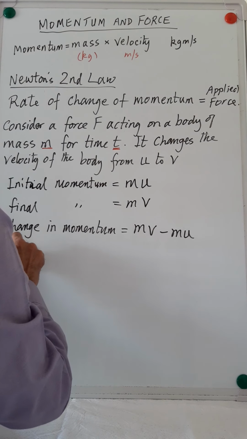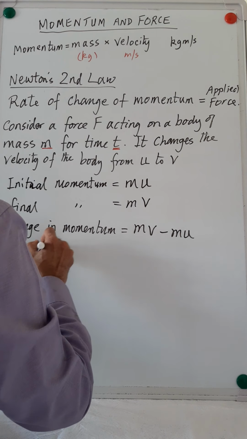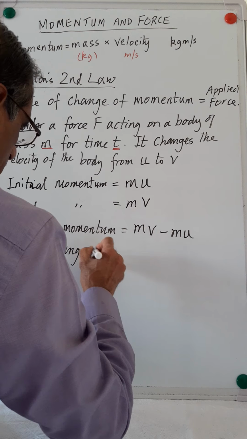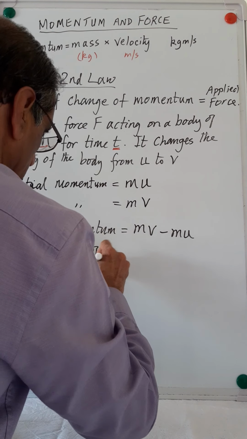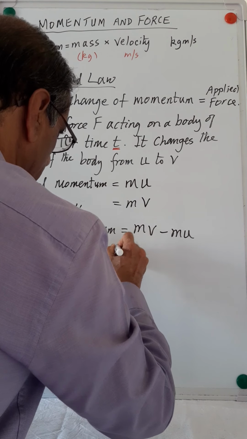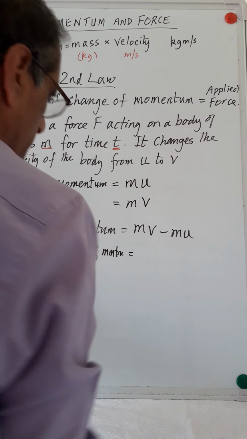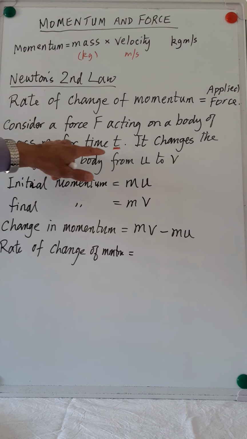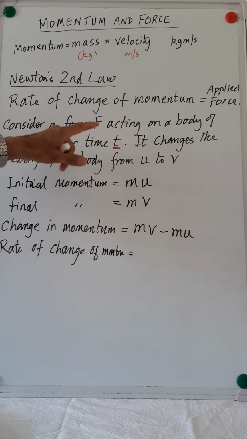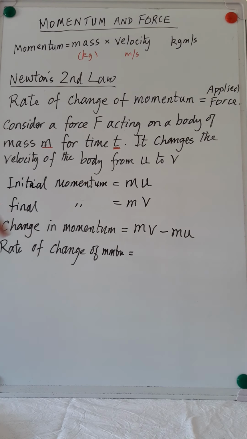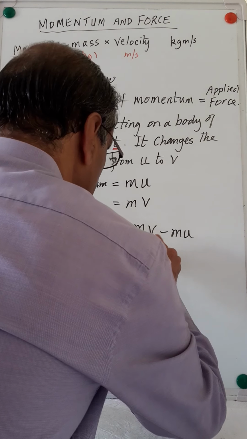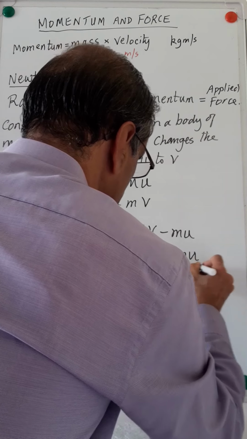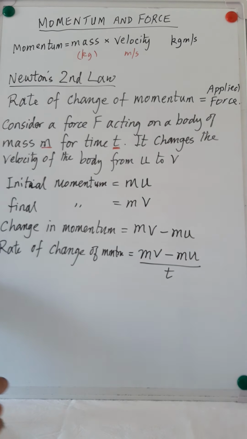Okay, and what's the rate of change of momentum? The force acts for a time t, so in this time t, the momentum will change by mv minus mu, divided by t.